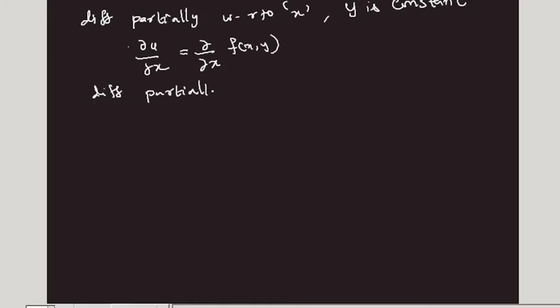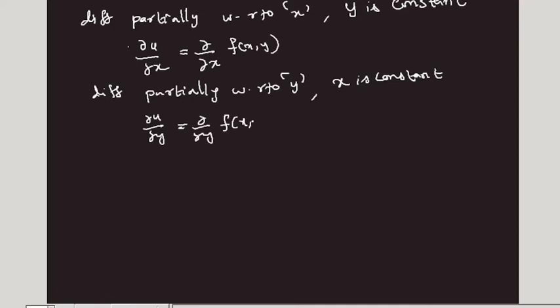Remember, we use the word partially. With respect to y, f of x and y is there, so x is constant. We write this as dou u by dou y equal to dou by dou y of f of x comma y.